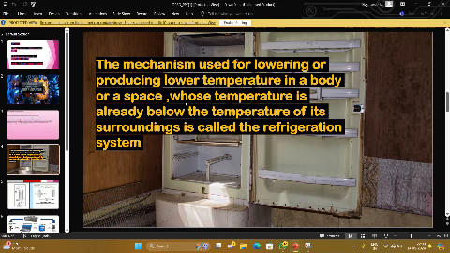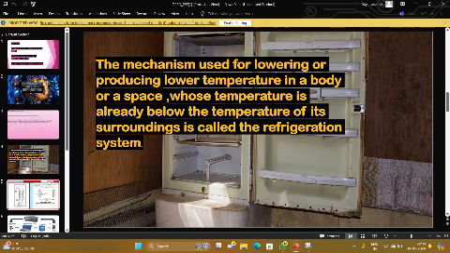System is something you have, the surrounding is around the system, and the space between system and surrounding is known as the boundary.